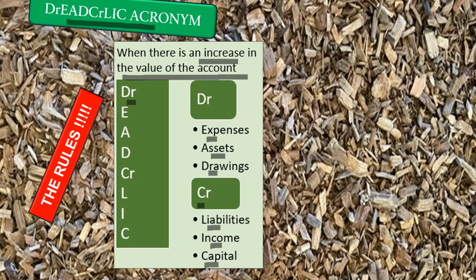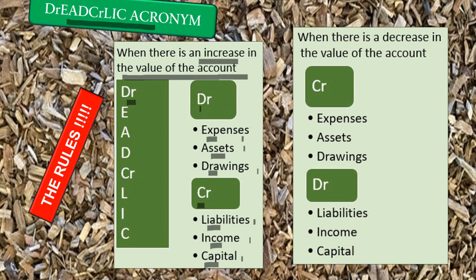It would be nice if you knew your rules so well that you didn't need to remember them with an acronym. The more you practice, the better you will get at knowing whether an account is debited or credited. So when there's an increase, we debit expenses, assets, drawings, credit liabilities, income, and capital.